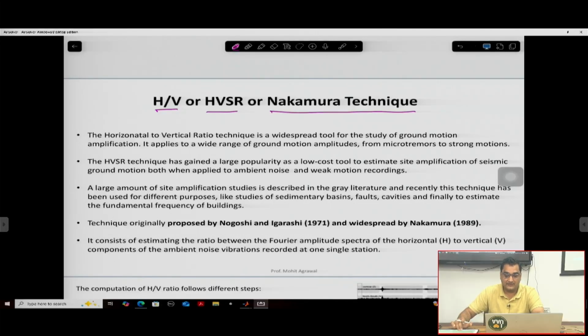This technique is used to study ground motion amplifications from microtremor data or strong motion data. The HVSR technique is very popular because it is a very low cost tool, not a lot of manpower is required, and it can be applied both to ambient noise and weak motion recordings.